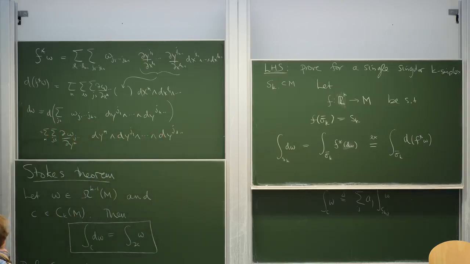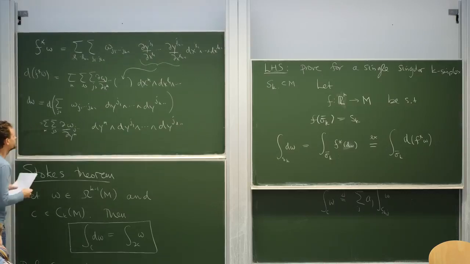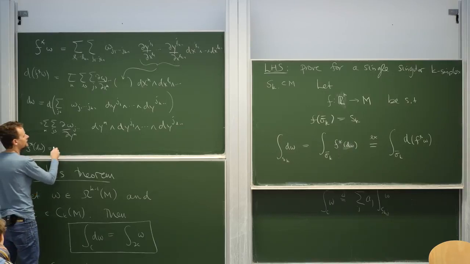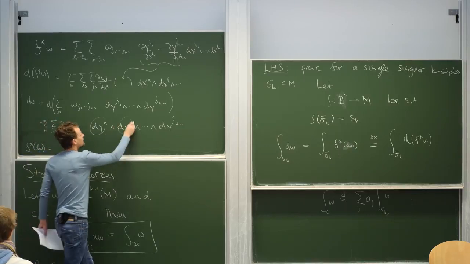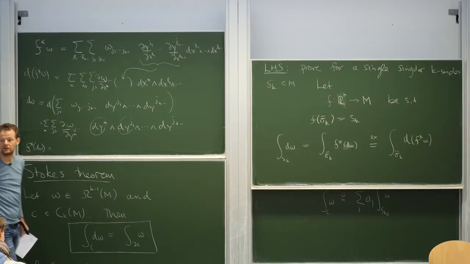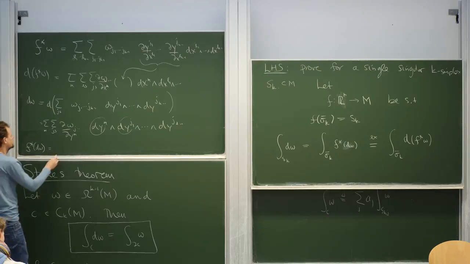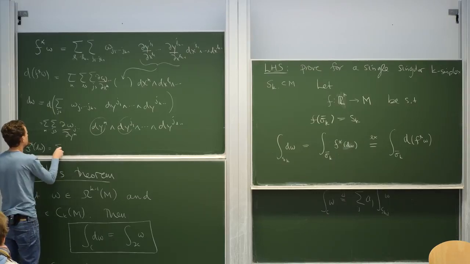And now we've got to take the f star of this. We've got to pull it back. And that just gives us an inverse Jacobian term for each of these things. And then we're really done.